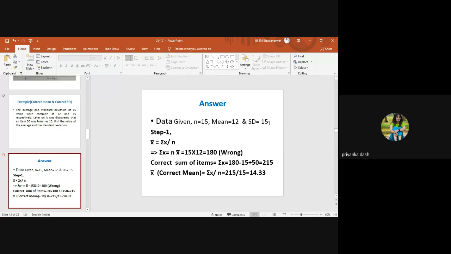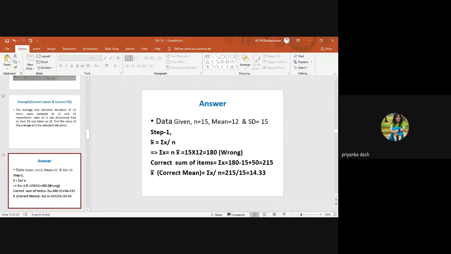In step number 1, get the mean data. The number of items is already given. The mean equals summation of x divided by n. If I simplify this, the summation of x equals n into x bar.